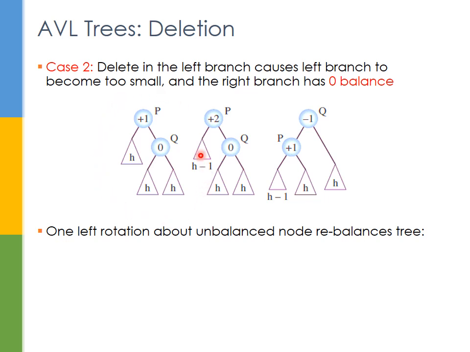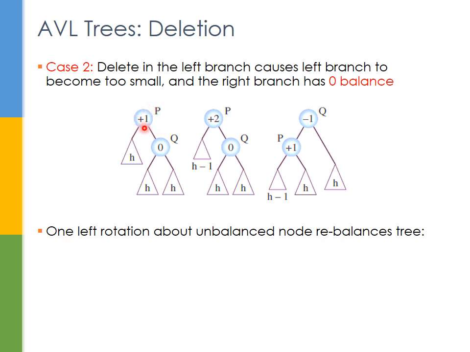This is a balanced AVL tree over here, and we are performing a deletion in the left subtree of node P. So in this case, we have reduced the height of the left subtree by 1, and this means we need to increase the balance factor of node P by 1.